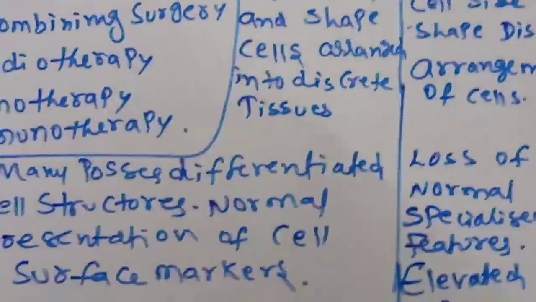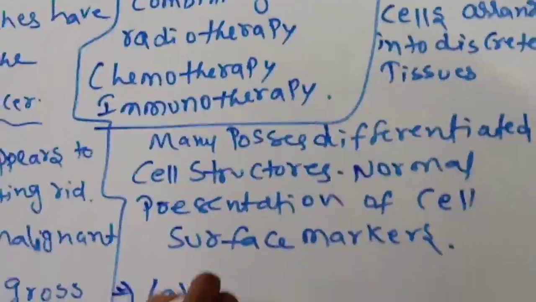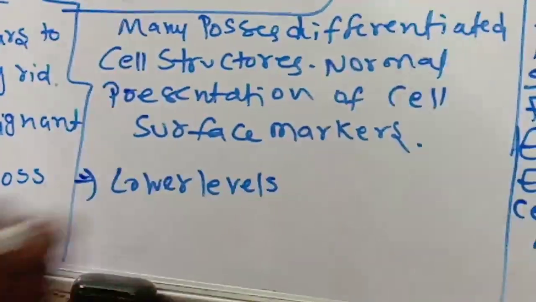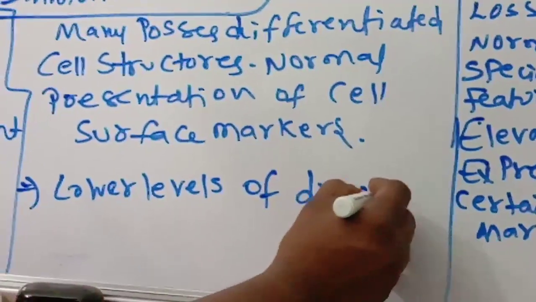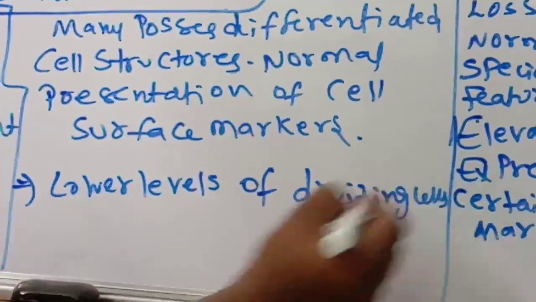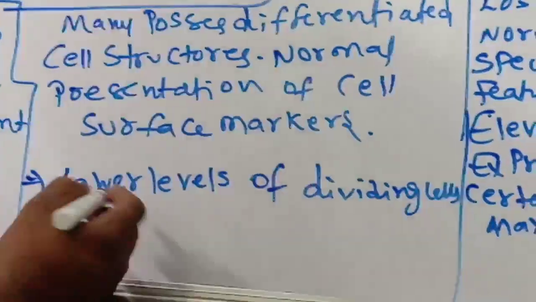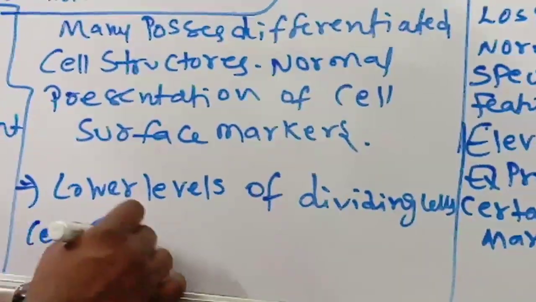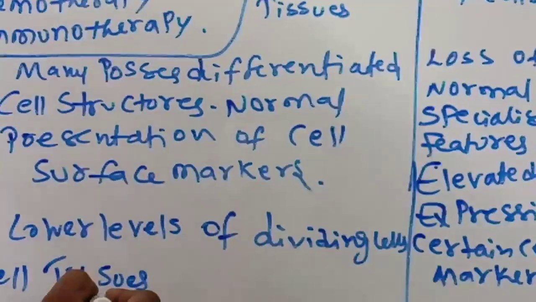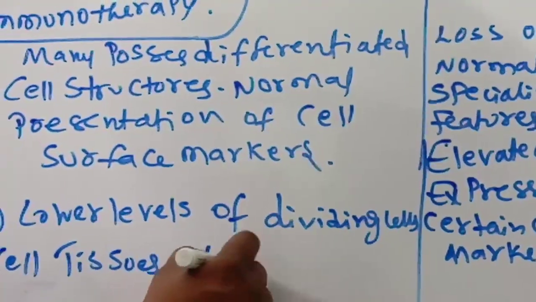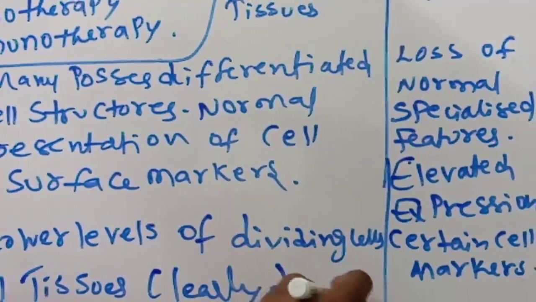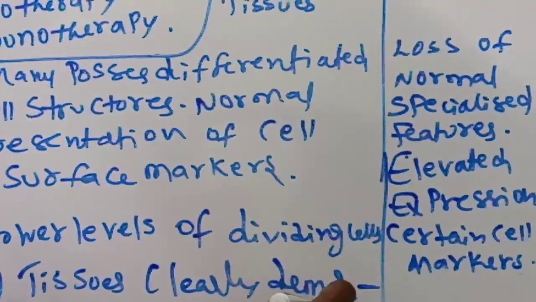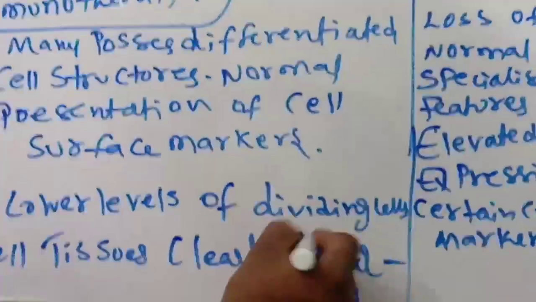This is important. The next one, lower levels of dividing cells, cell tissues clearly demarcated.